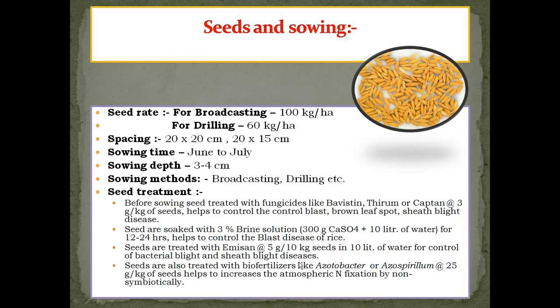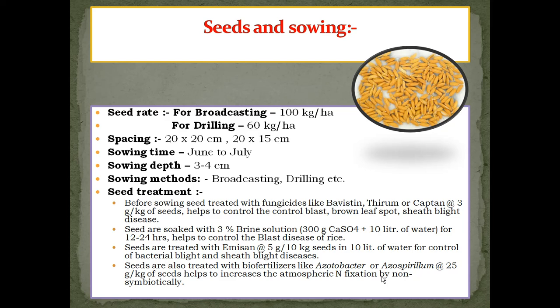Then the next one is that seeds are also treated with biofertilizer, especially in rice. In case of upland or direct seeded rice, the biofertilizers used are azotobacter or azospirillum at the rate of 25 gram per kg, which helps to increase atmospheric nitrogen fixation by non-symbiotic bacteria. But in case of anaerobic or lowland rice cultivation, the biofertilizers used are BGA, blue green algae, or azolla, Anabaena pinnata or Azolla caroliniana.